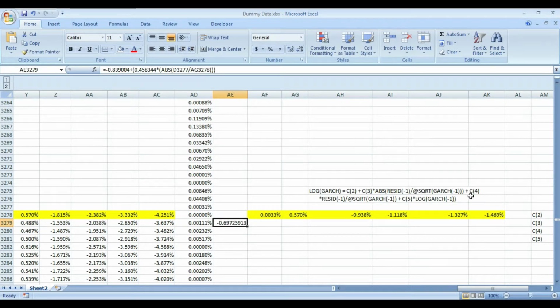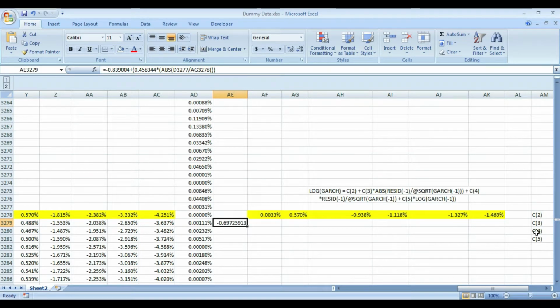Then the next set says C4 multiplied by t minus 1 residual divided by again square root of GARCH minus 1 or standard deviation of t minus 1 data point.